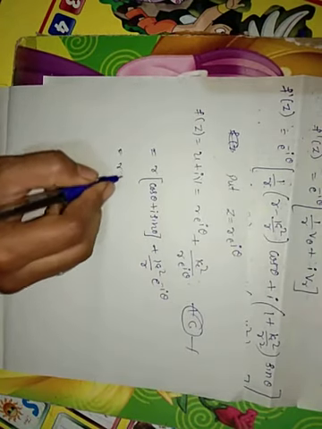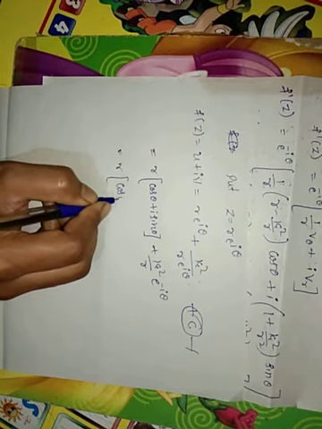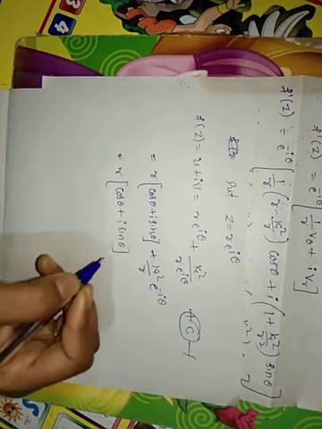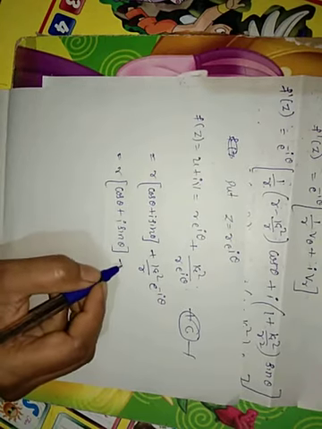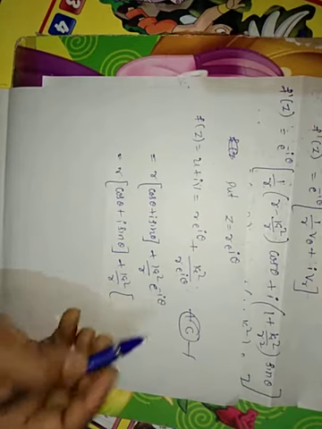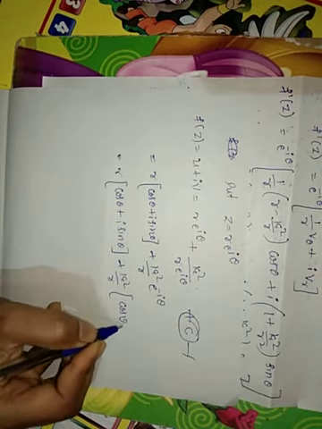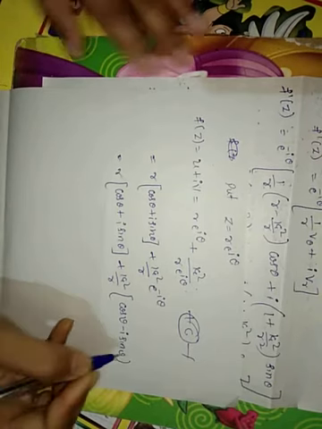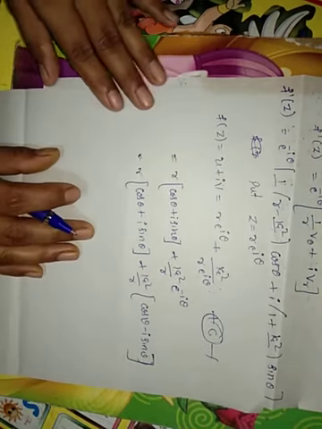Now r into cos theta plus I sin theta plus k square by r into e raised to minus I theta equal to cos theta minus I sin theta. Now open the bracket.